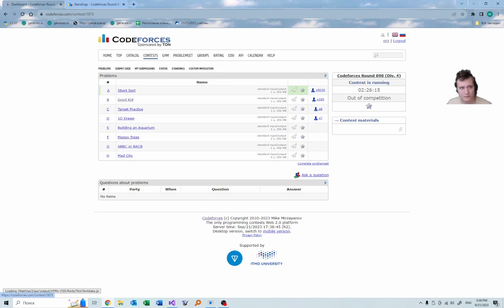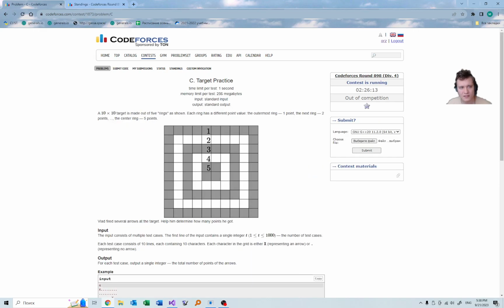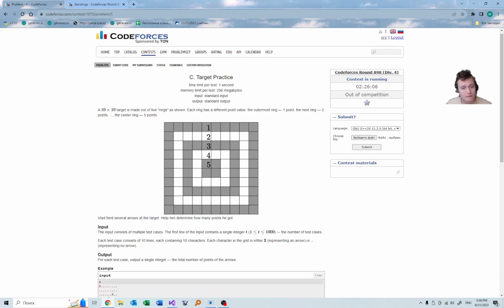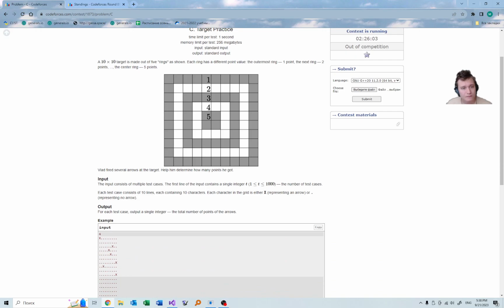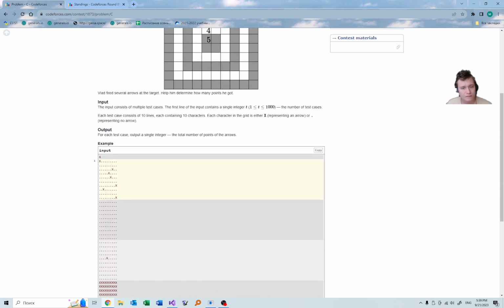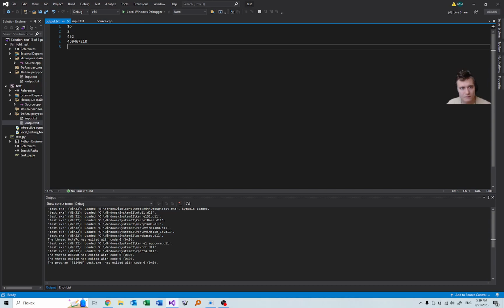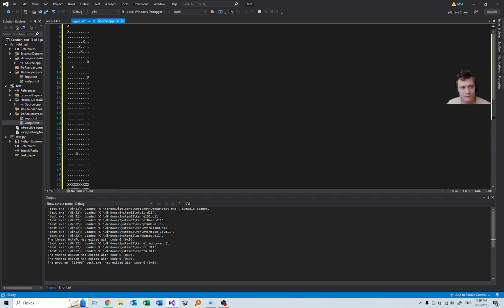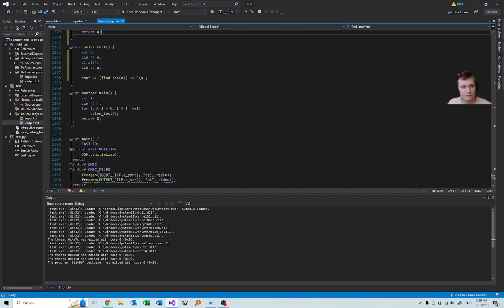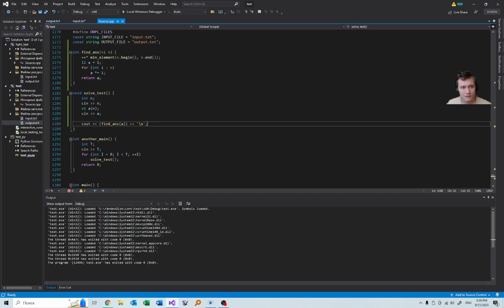Let's continue. Some people already solved C and D. Okay, 10 times 10, isn't it? So here we do the following.